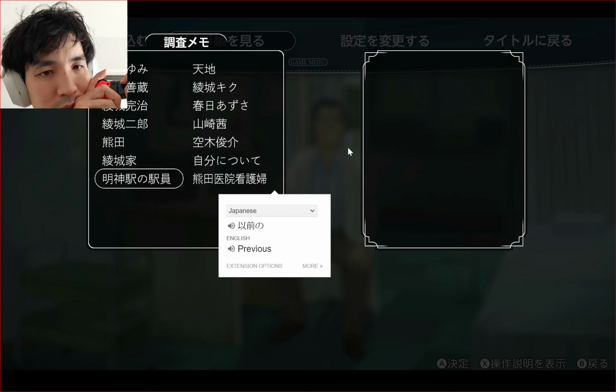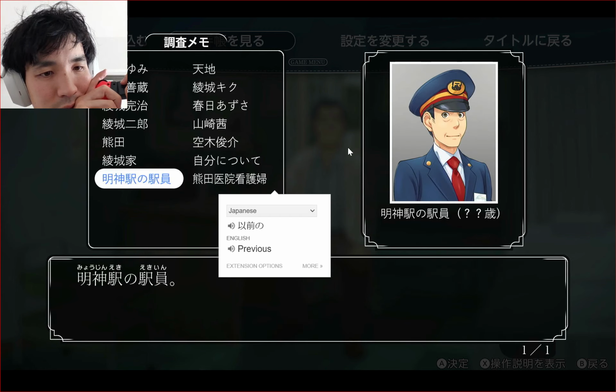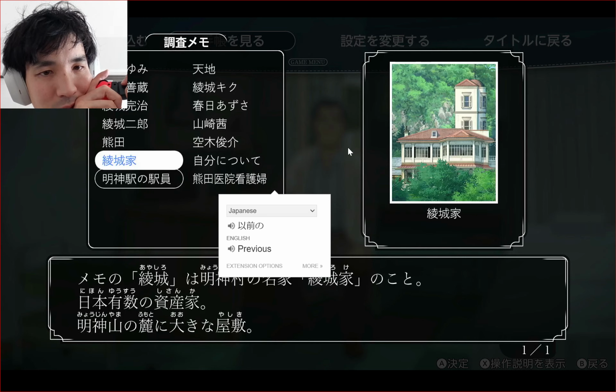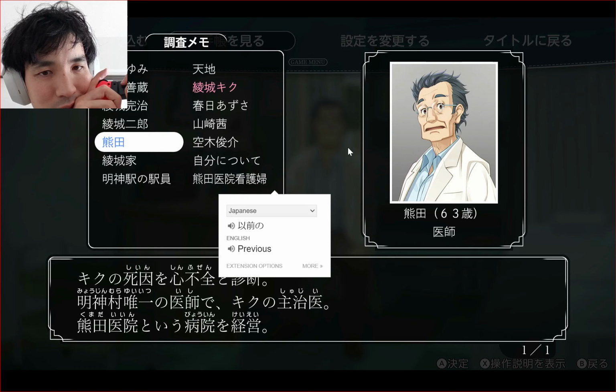Myojin Eki no Eki. This is the Eki. Alright, that's the guy who works at the station. This is the store. This is the doctor. Kiku no shinfuzen to shindan.